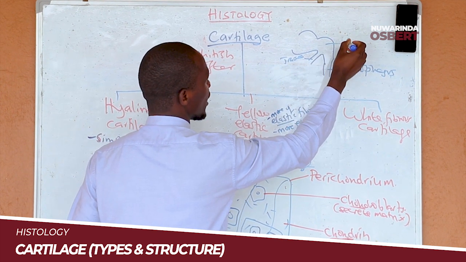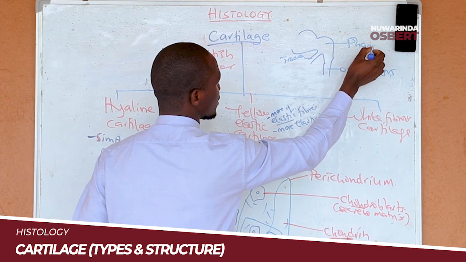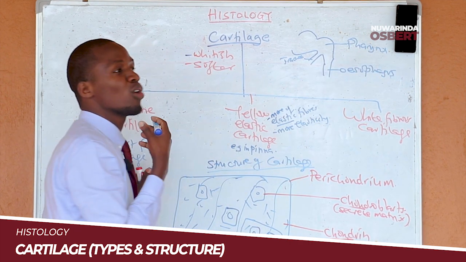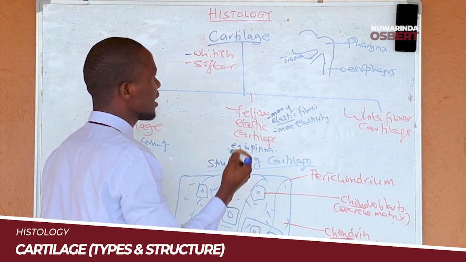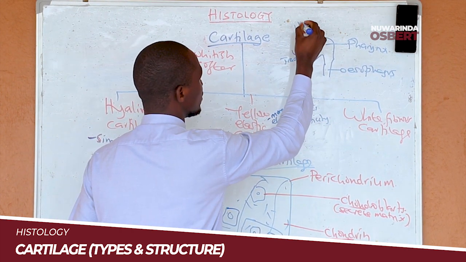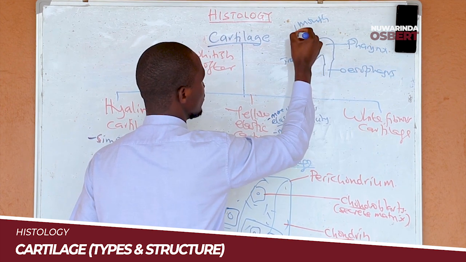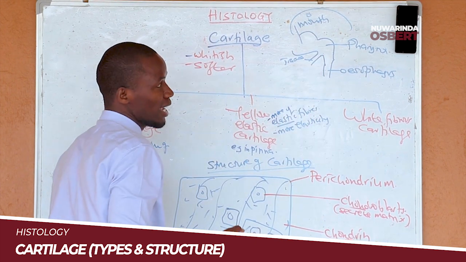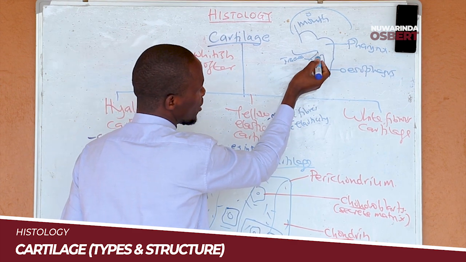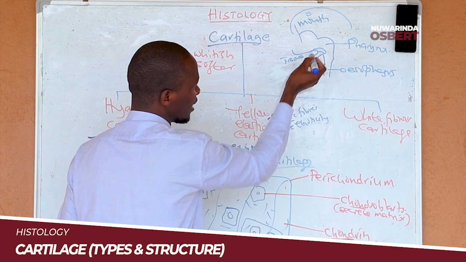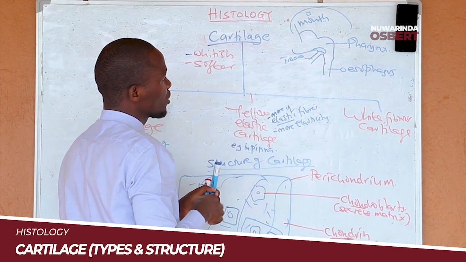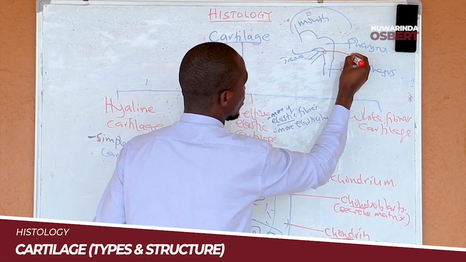This is the pharynx, so the back region of your mouth is what we are calling the pharynx. Around this is the mouth. So there is a small tissue here at the back of your mouth, which is called the epiglottis.